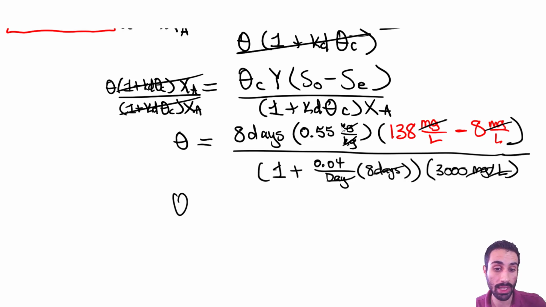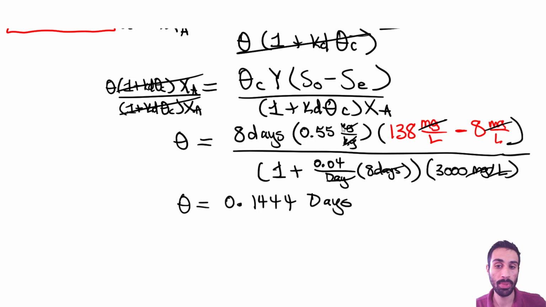So the units do make sense, and you get an output for your theta of days. And when you solve for that, you should get a small value of 0.1444 days. So be careful with the units on the FE. They might give you seconds or whatever, or the concentrations are different. So just make sure everything cancels there.